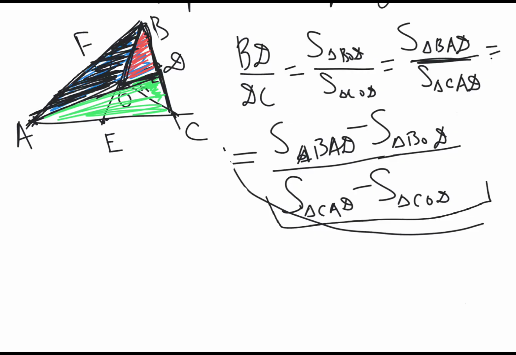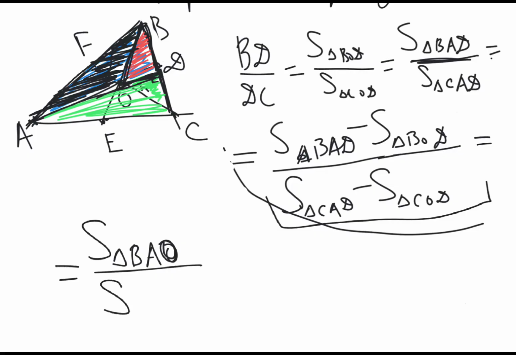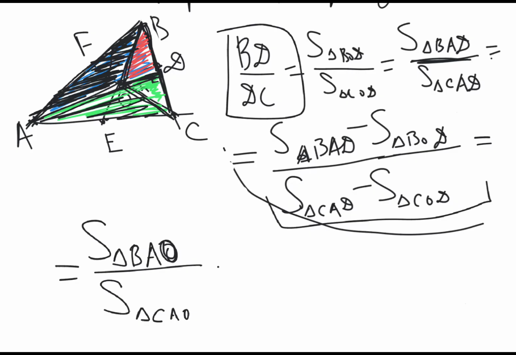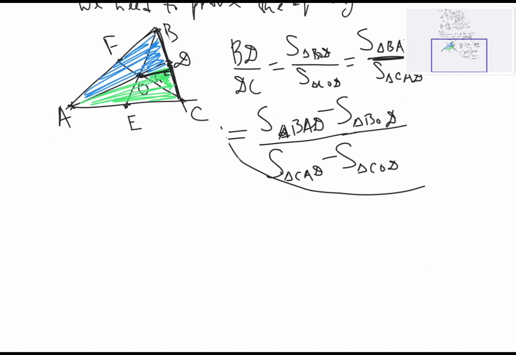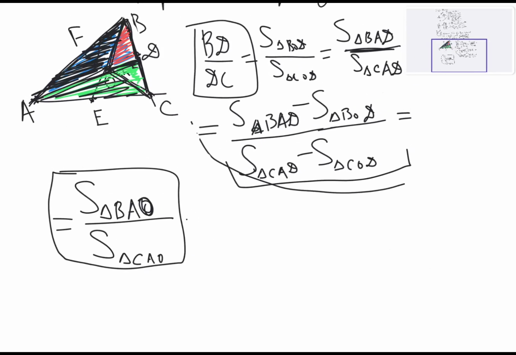So the numerator would be the area of the triangle BAO, and the denominator would be, similarly, the area of the triangle CAO. Yeah, so that's what we need. So the ratio of BD and DC is equal to this ratio of the areas of the triangles BAO and CAO.